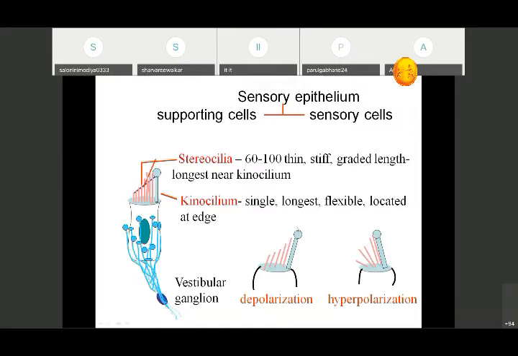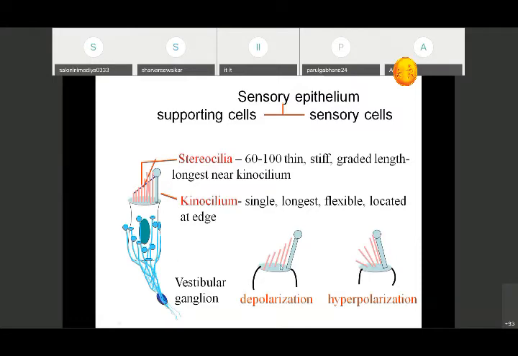As we tilt in a forward direction, the statoconium will move in a backward direction, and because of its weight it will pull the kinocilium in an outward direction. When the kinocilium moves outward, it will pull all the stereocilia in its direction. So the movement of the kinocilium in the outward direction will cause opening of the channels which are present at the base of the stereocilia and the kinocilium.